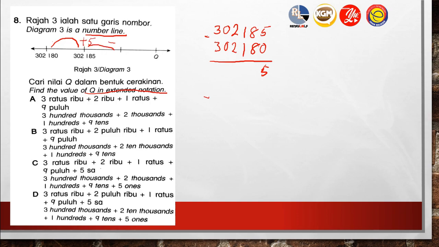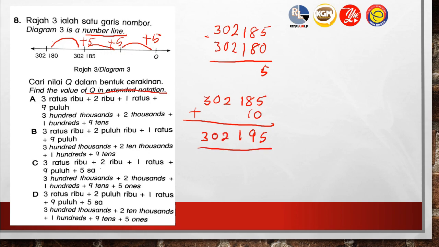The third number is plus 5, the fourth number is plus 5. The fourth number is Q. So from 302,185, you are going to plus 10. So the answer is 302,195. So we are going to write it in extended notation.